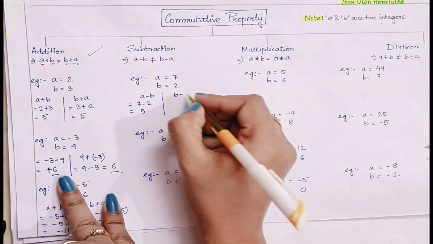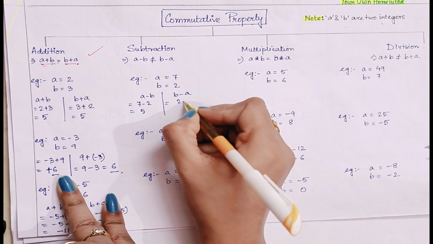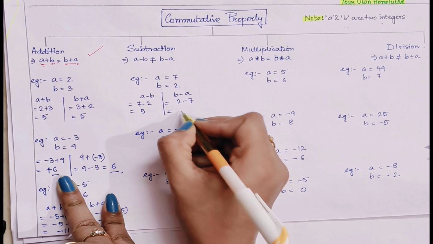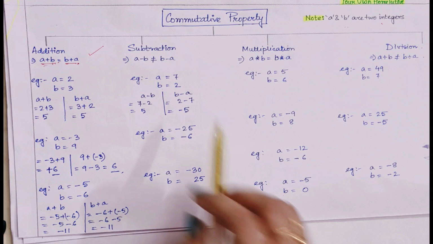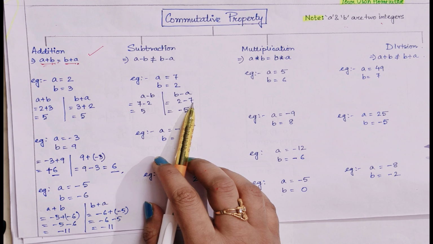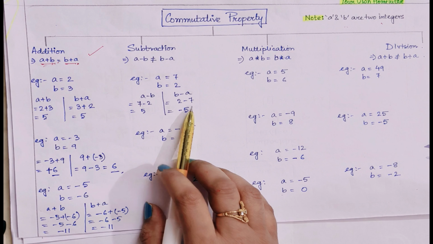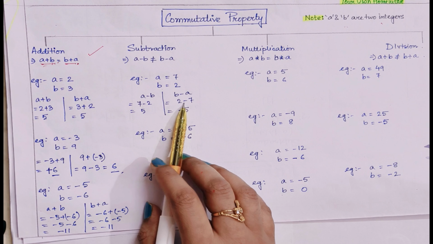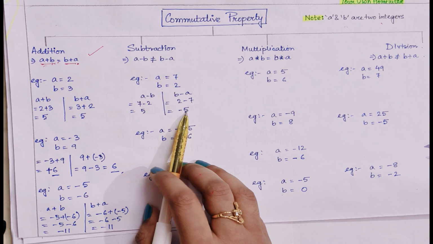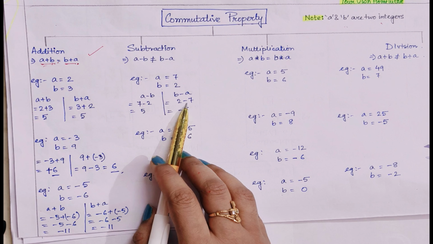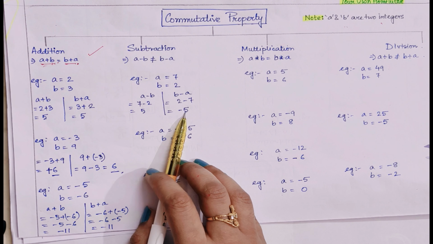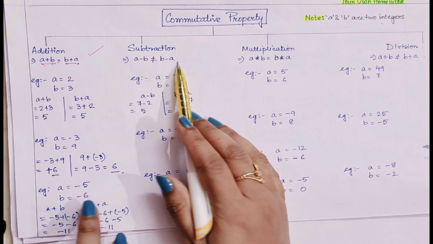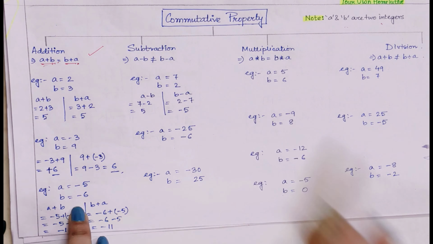Now, if I want to do b minus a, then this will be 2 minus 7. This will give me minus 5. Why? Because this is a positive and this is a negative integer. We have two different signed integers, we have to subtract, and after subtracting we are getting 5. But as 7, the greater value, is negative, we will have its sign before this number. So the commutative property does not hold for subtraction.